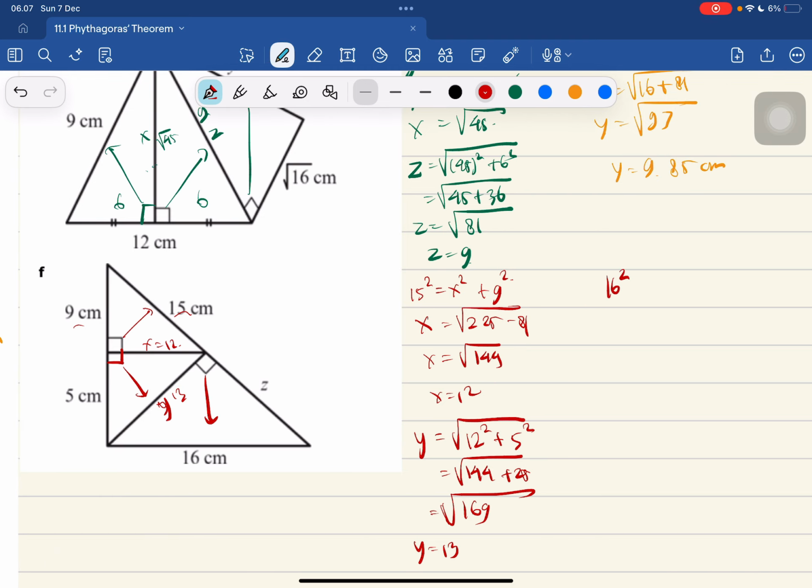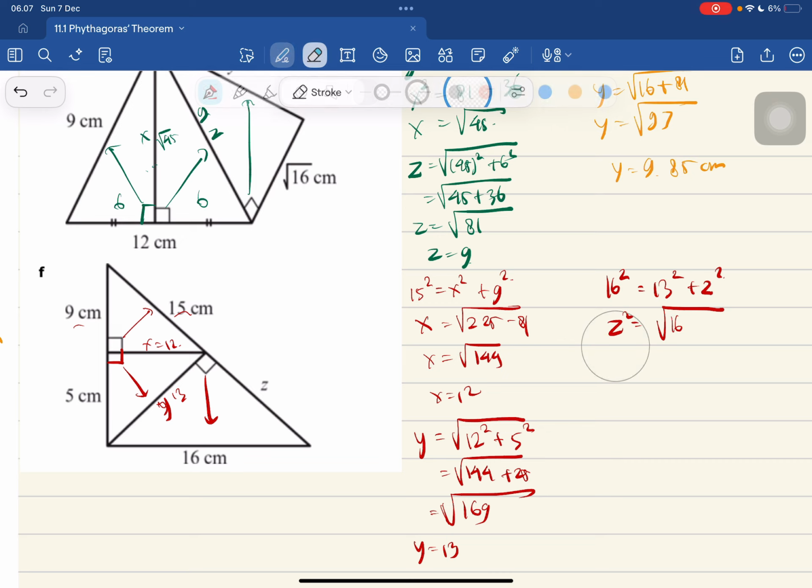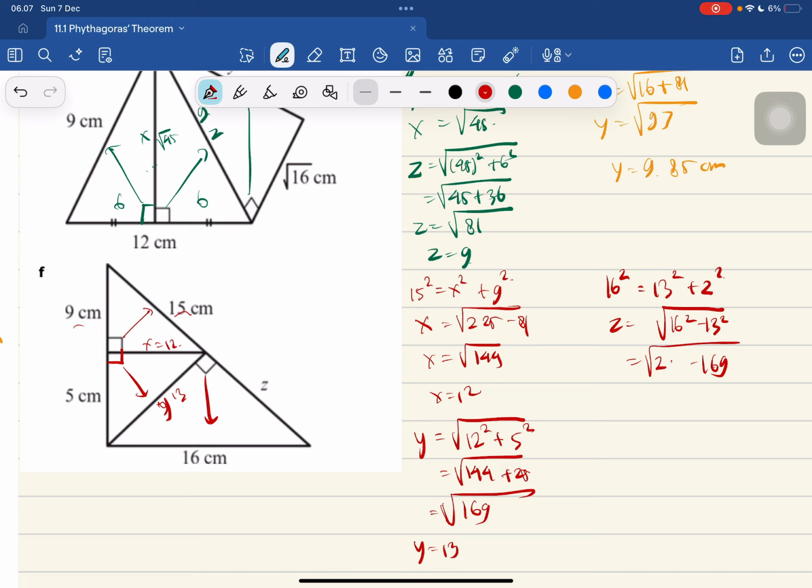So 16 square equal to 13 square plus z square. So z equal to 16 square minus 13 square. So this is 169. So 16 square is 256.